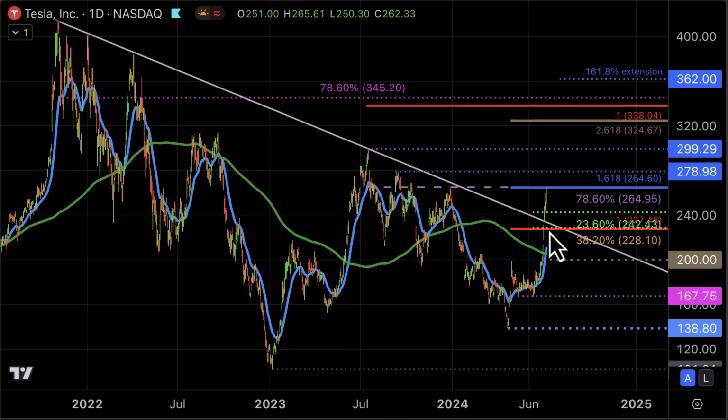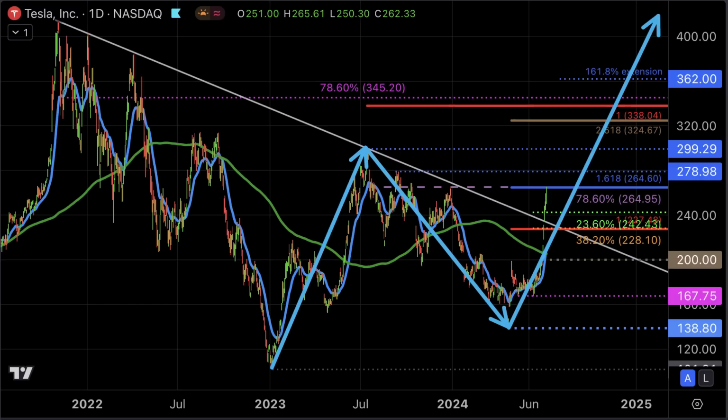I think something else is happening here. So that means at the moment, in my view, this is not wave 1, 2, and 3 going to next year to 400 and 500. To my mind, I know some people are thinking this. Some people are thinking this is 1, 2, and 3 going to new highs at $400 and $500 by next year.